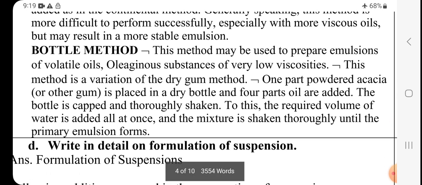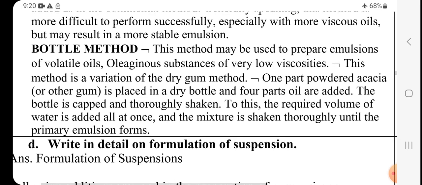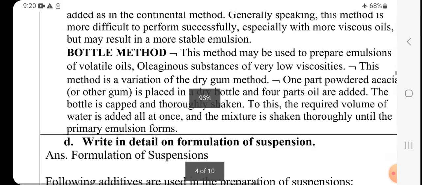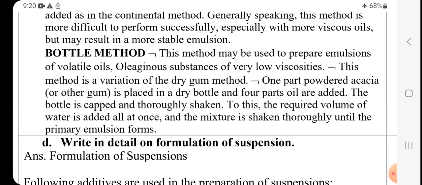This method is used to prepare emulsions of volatile oils and oleaginous substances of very low viscosity. It is a variation of the dry gum method. Here 1 part powdered acacia is placed in a dry bottle. Bottle method is generally used for volatile oils, such as menthol oil and camphor oil.